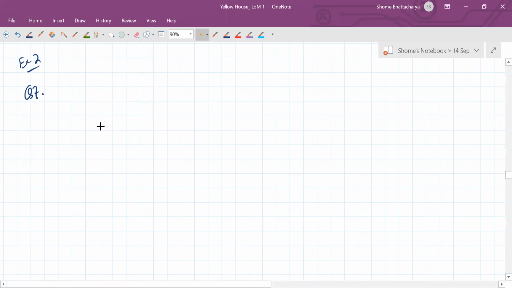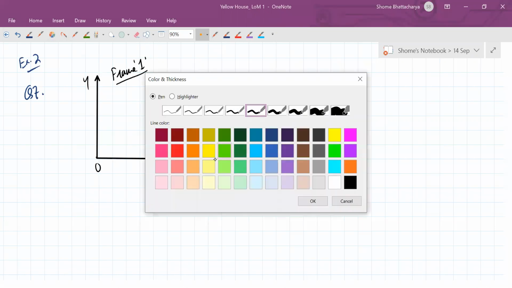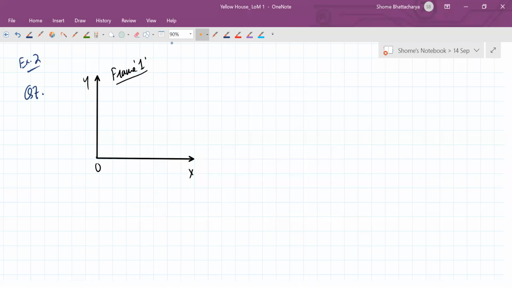So suppose one person has made the coordinate frame like this. So this is our first frame, which is the XY system. So this is frame 1. I'm making it two-dimensional, you can imagine it in 3D also. Now imagine another person has made a coordinate frame which is now like this.